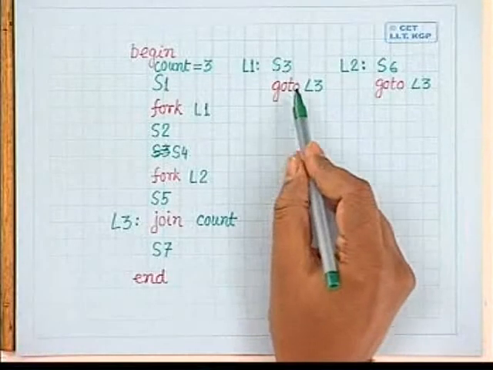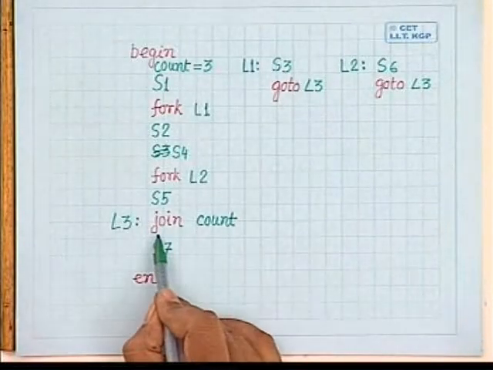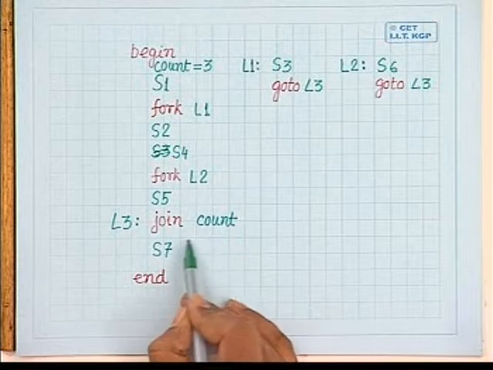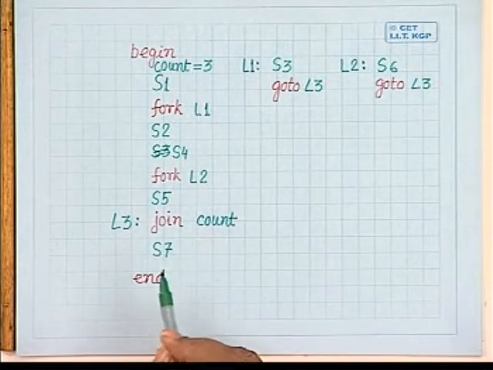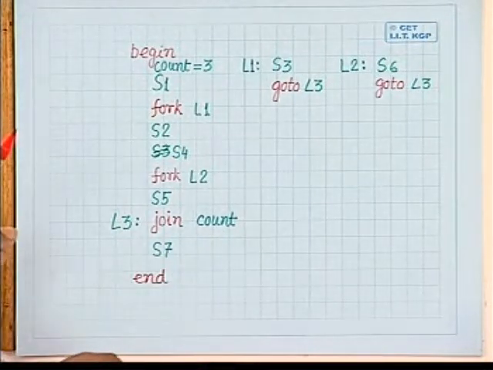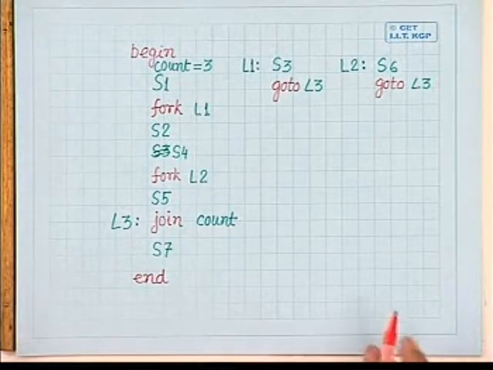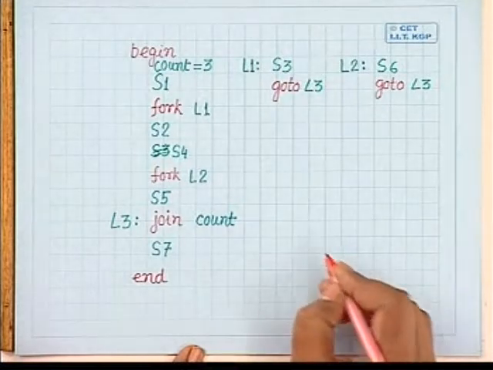So any statement after completion of its task executes the join statement with argument count. Now what is the purpose of this join statement? If we expand this join statement, it performs this task.